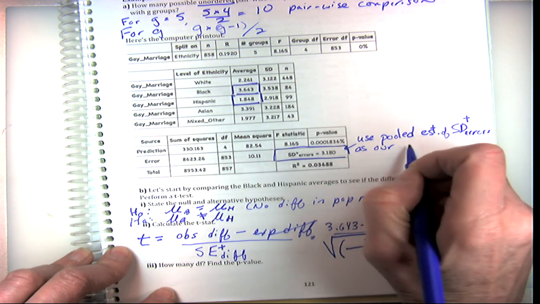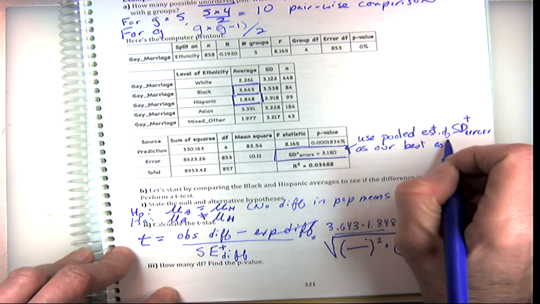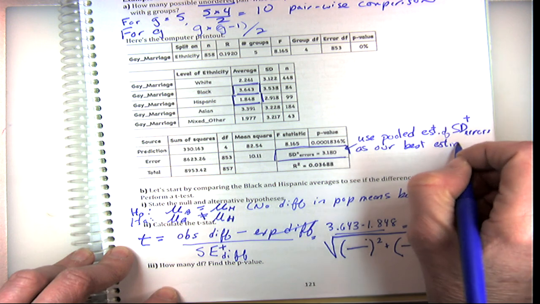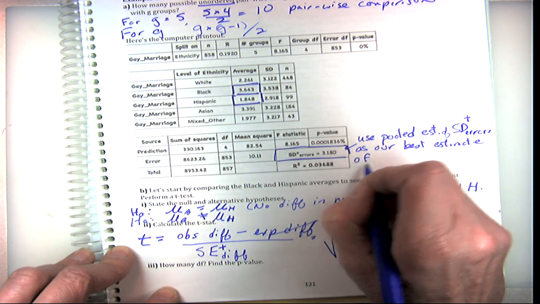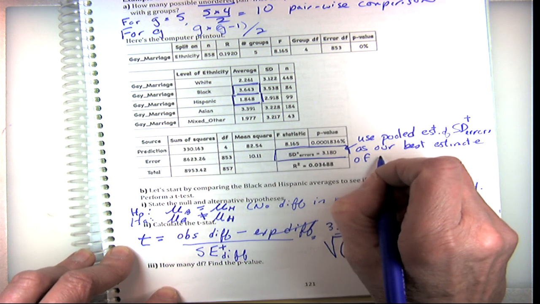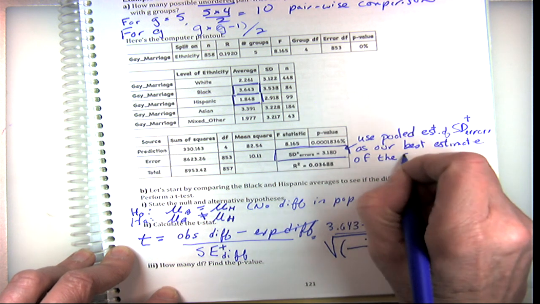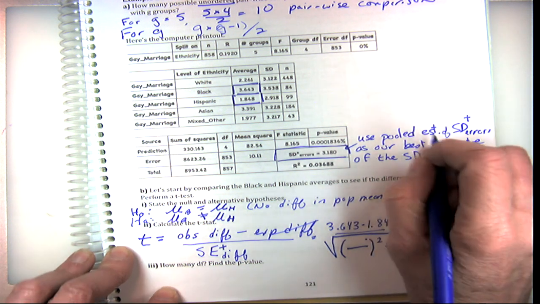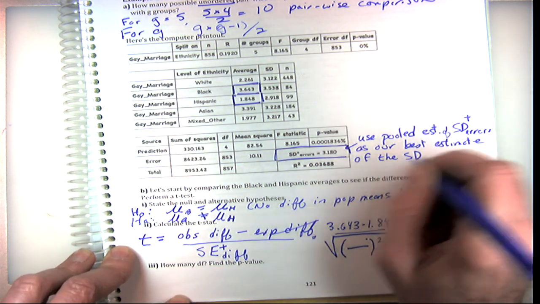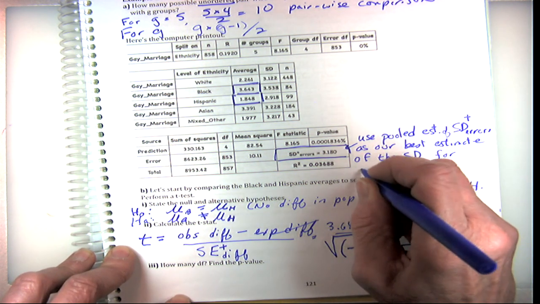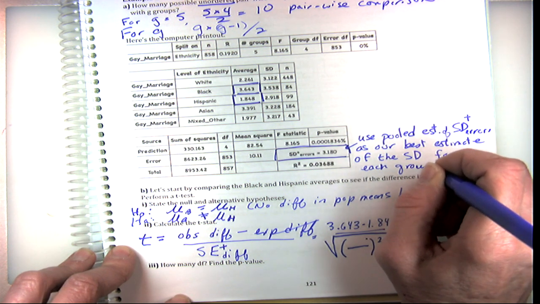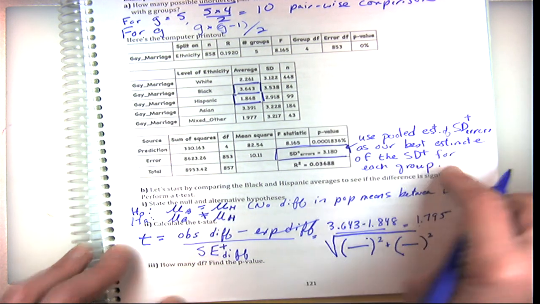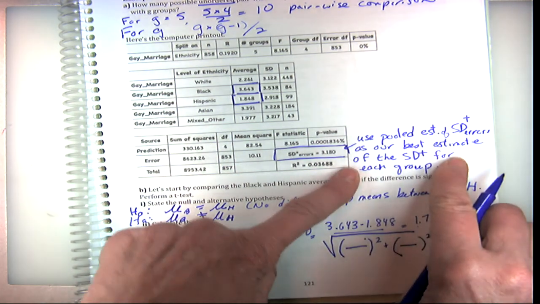As our best estimate of the standard deviation for each group, we'll call it the standard deviation plus. So that's what we're going to use.